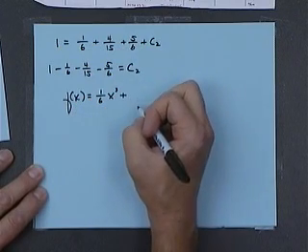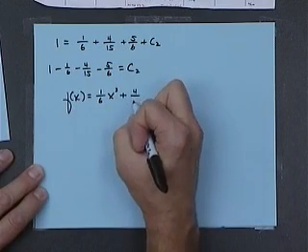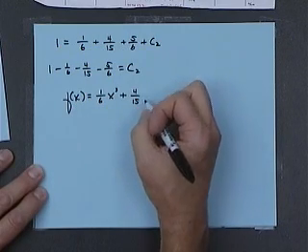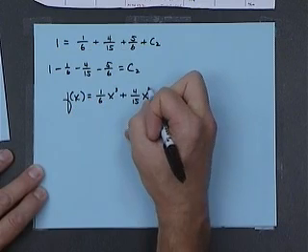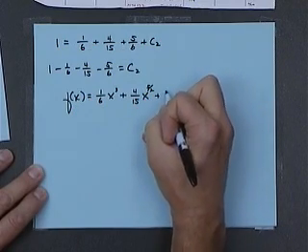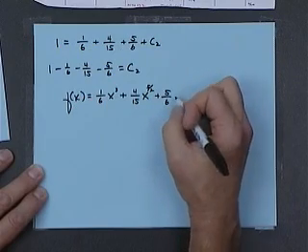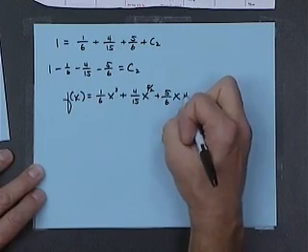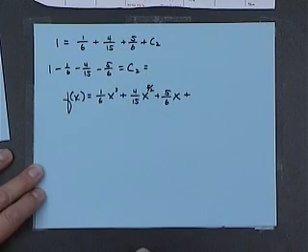Minus 4/15 x to the 5/2. Negative 4/15. Got a consensus? Negative 4/15? Yes.